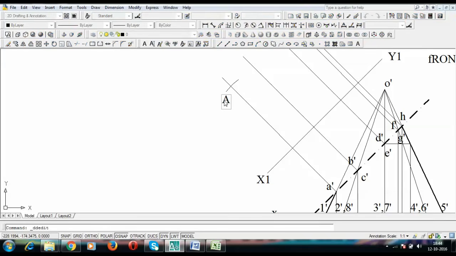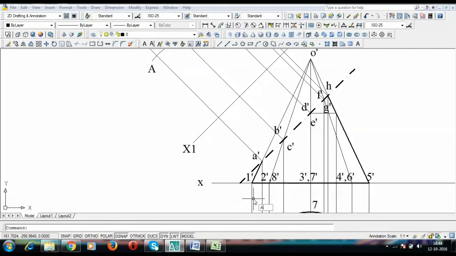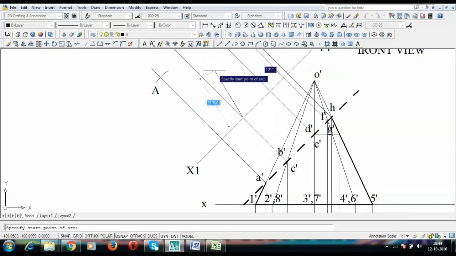Now let's locate point B and point C. First of all, we're going to locate this point C. Point C's distance from XY line is 39. So you can take an arc of 39. So this is point C.